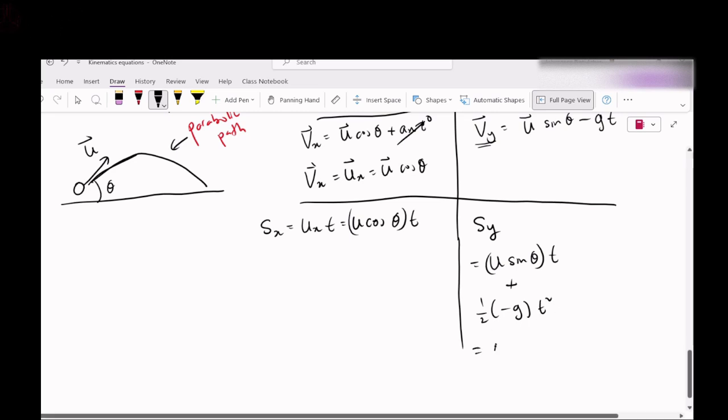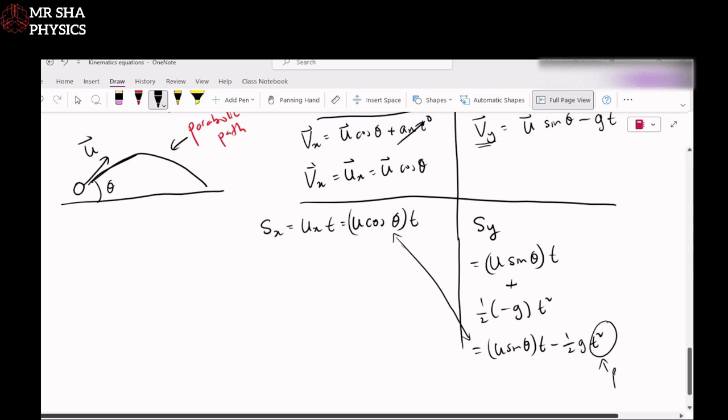That's simply u sin theta t minus half g t squared. If you plot these two out, sy against sx, you will get a parabolic path, because there's a t squared here. The moment there's a square, it is parabolic, or quadratic, that's a better word for it.